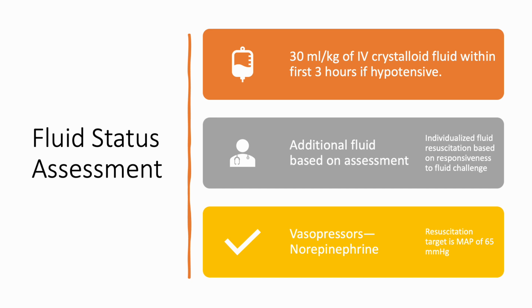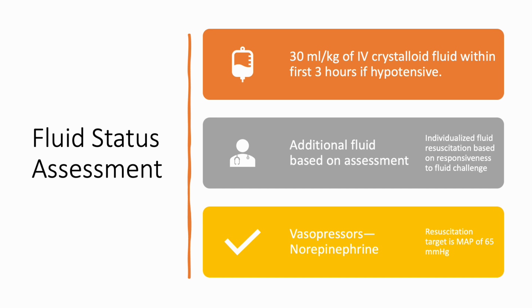Fluid assessment for septic shock highlights the following key interventions. Your initial fluid resuscitation: again, you want to administer 30 ml per kg of IV crystalloid fluid, e.g. normal saline or lactated Ringer's, within the first 3 hours if the patient is hypotensive.